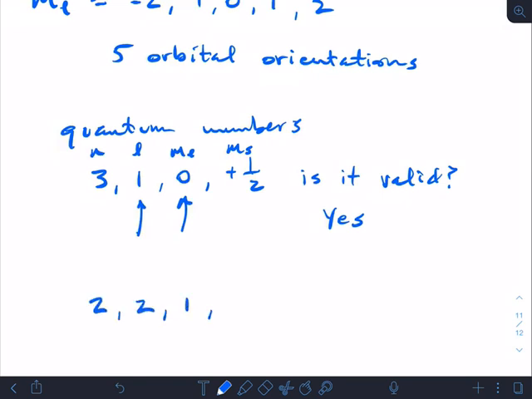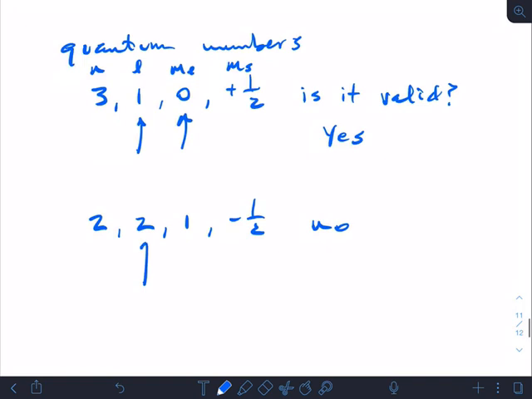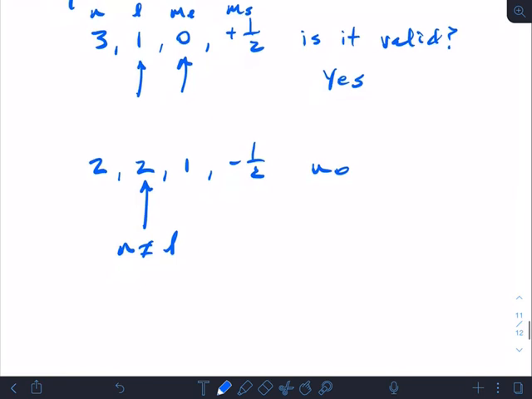What if I said 2, 2, 1, and minus a half? Is it valid? No. n cannot equal l.